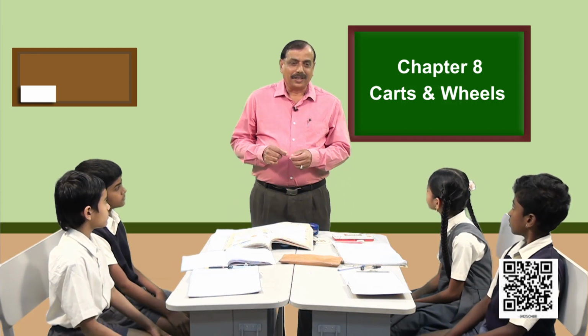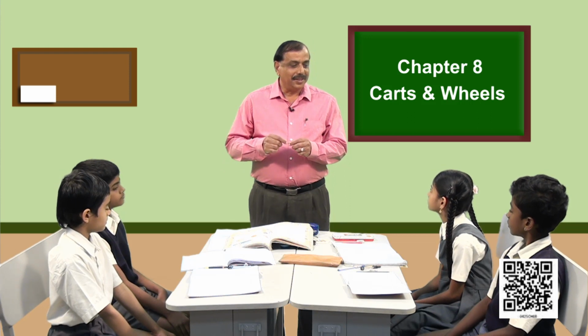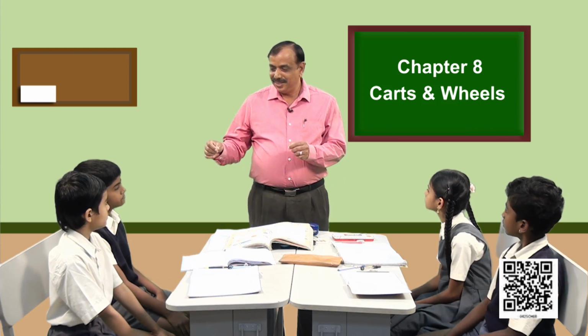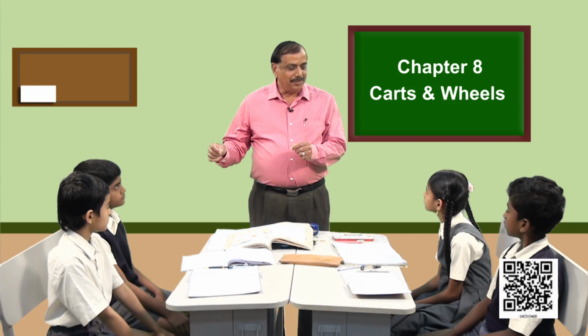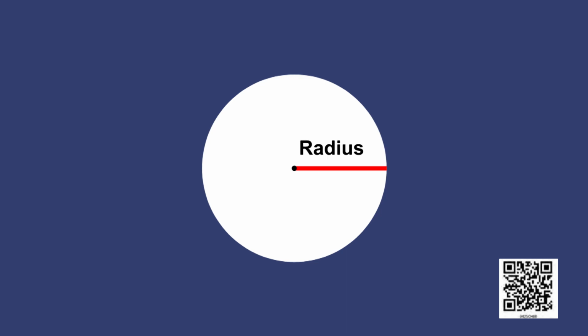Okay, we saw that by drawing a circle using a stick or a rope, the length of the rope itself becomes the radius of the circle. The length of the rope or the length of your stick becomes the radius of the circle. Now, how do we measure the radius of different wheels?